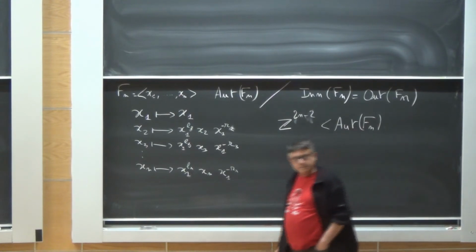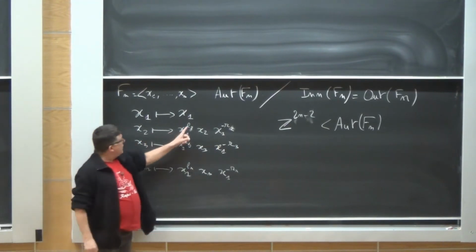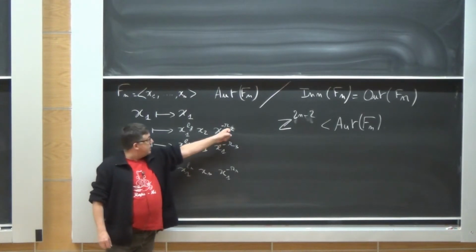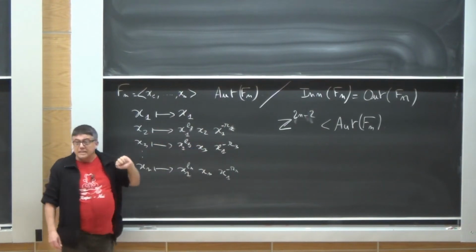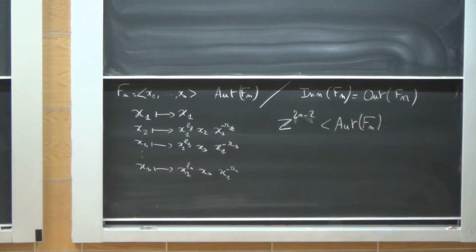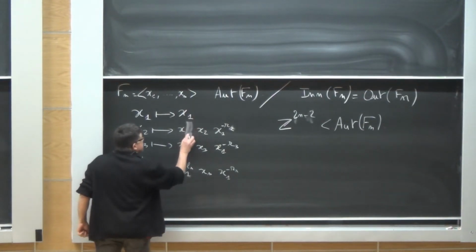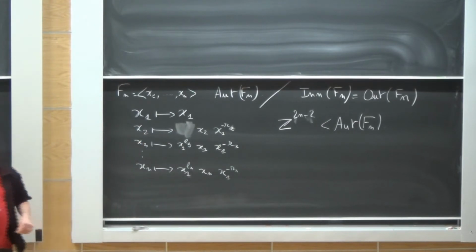Right? What about Out Fn? Here, observe that if you put all the Li equal to 1 and all the Ri equal to 1, you get an inner automorphism. Okay? So for this reason, it's enough, indeed, you can check it easily, to just impose the first L1 to be trivial.